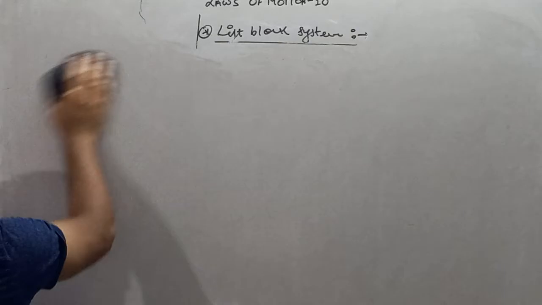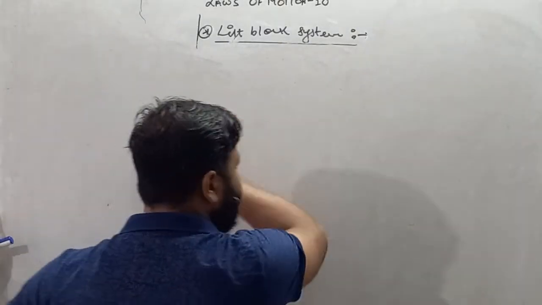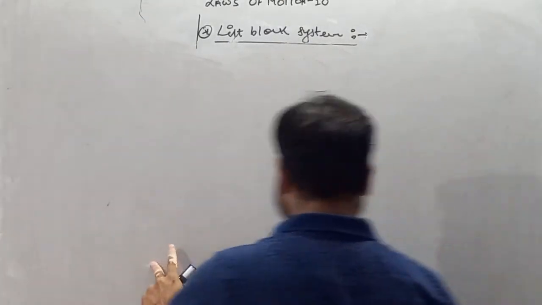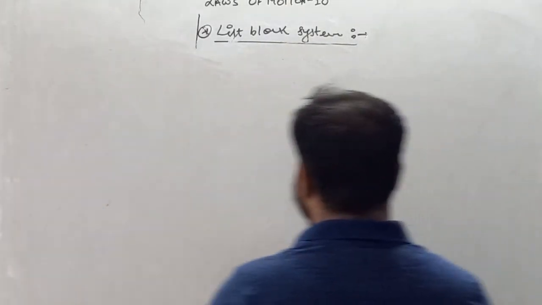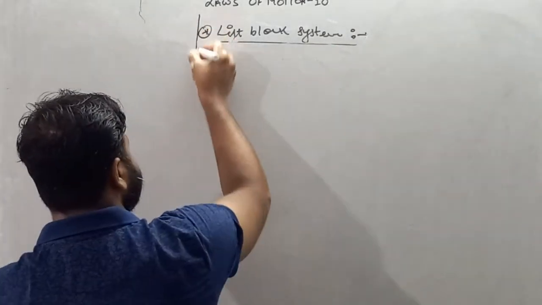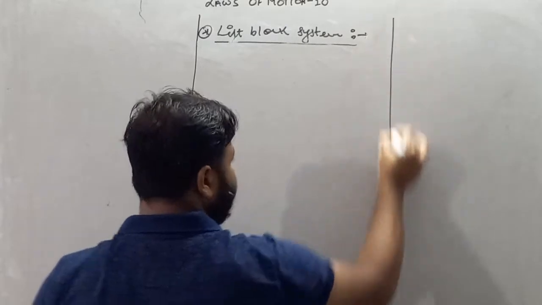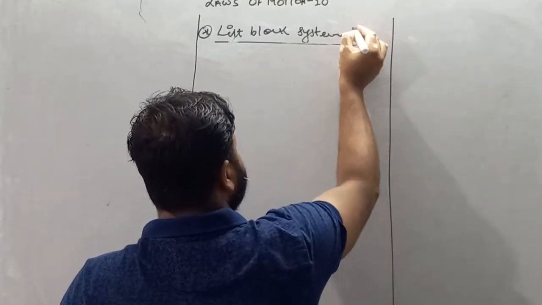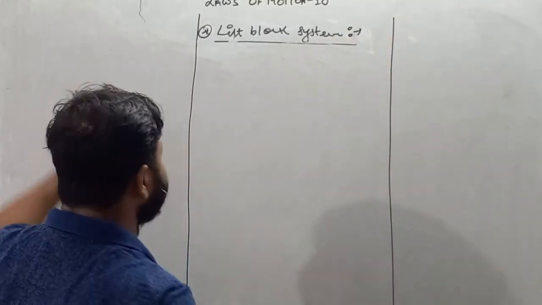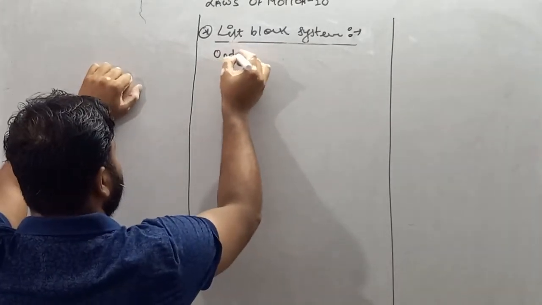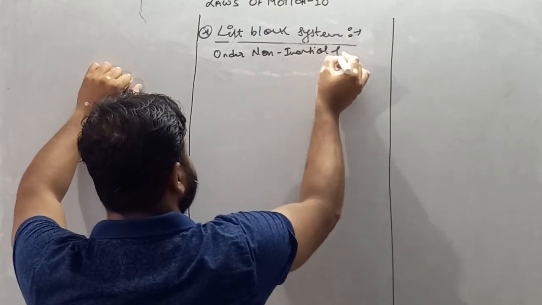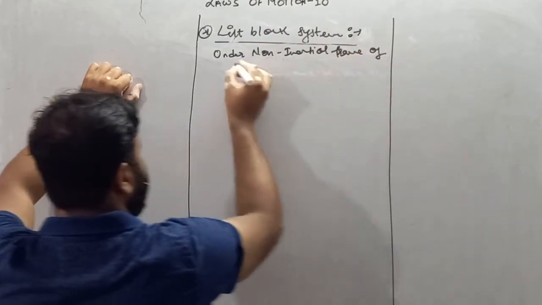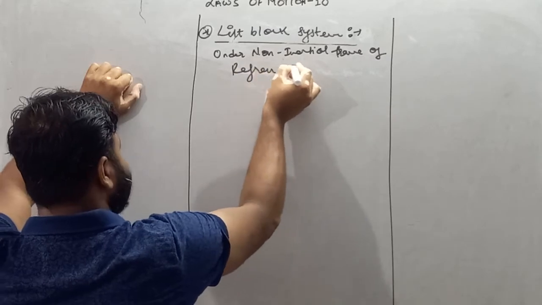So let's discuss the concept called non-inertial frame of reference. So, the lift-block system under a non-inertial frame of reference. I am solving this concept, the lift-block system under a non-inertial frame of reference.